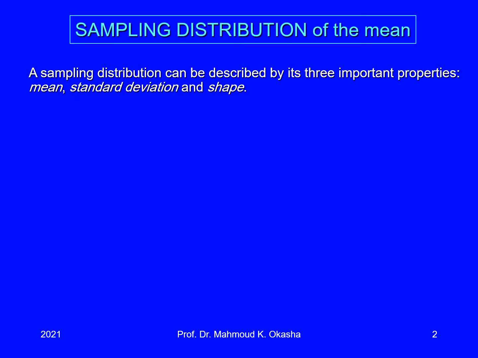Now, to be more specific about the sampling distribution of any sample statistic, we have to define three things. First, the shape of the distribution. What distribution does it belong to? The second one is the mean of this distribution, the average of this distribution. And the third, the variance or the standard error.